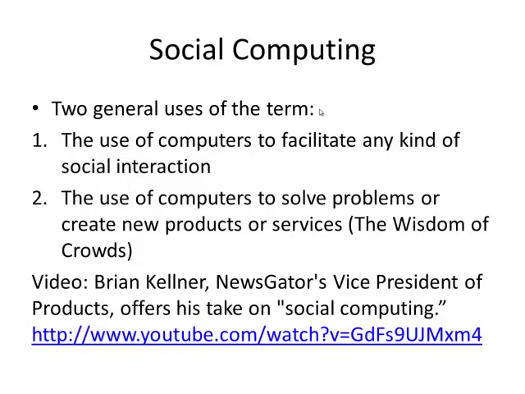There's a more concise definition of social computing, which is to use computers and social interaction to actually compute things. You may have heard of the book The Wisdom of Crowds, which is about how people as a group tend to be smarter than the individuals in the group. So if you want to solve problems, you need to use groups of people because you're banking on collective wisdom.